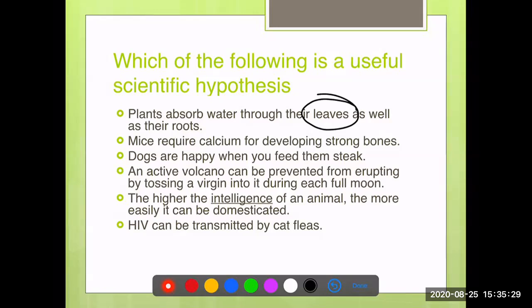It's also horribly funny. The higher the intelligence of an animal, the more easily it can be domesticated. The word intelligence is underlined. Usually that means that it's a live link. If you click it, it'll take you to a website where you can read more about intelligence. There's different types of intelligence. There's modes of intelligence. I don't know which intelligence is being measured here.